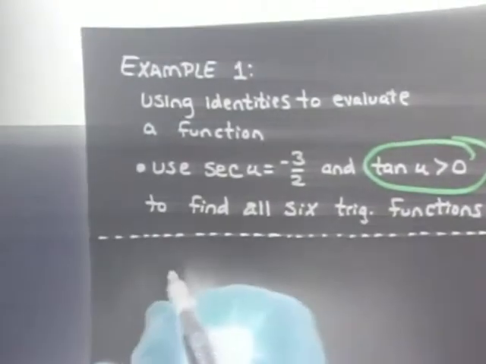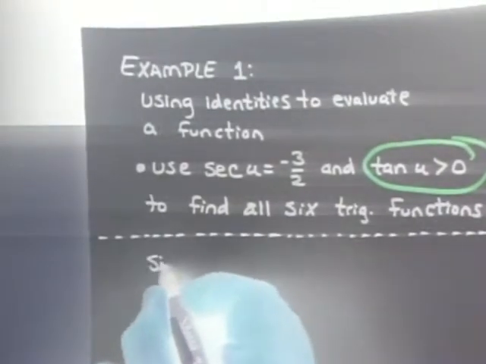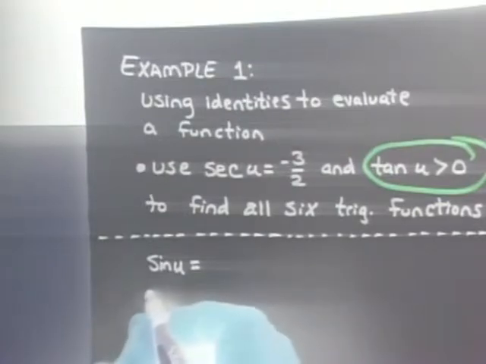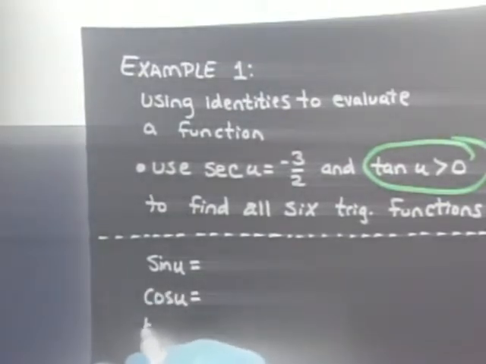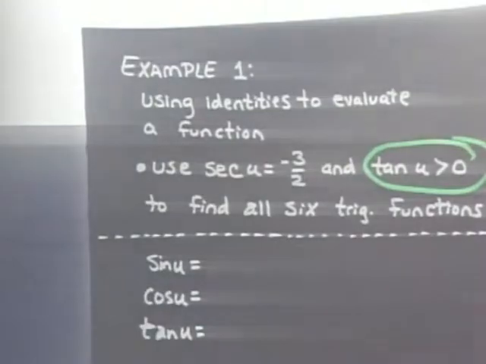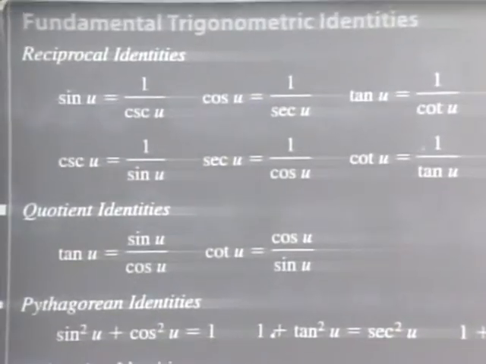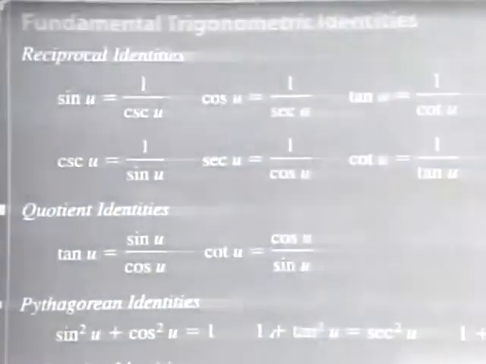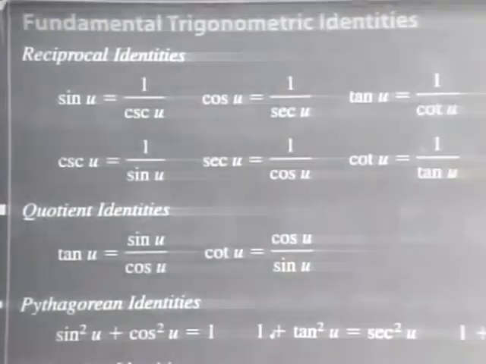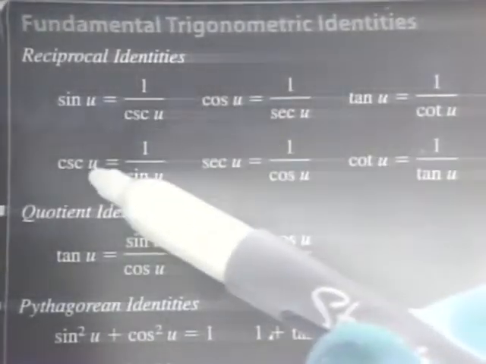What I like to do at first is make an answer sheet. I write down sine u equals, cosine u equals, tangent u equals. If you forget how sine and cosecant are related, you can always go back to your identities, and the very first one says sine is 1 over cosecant.